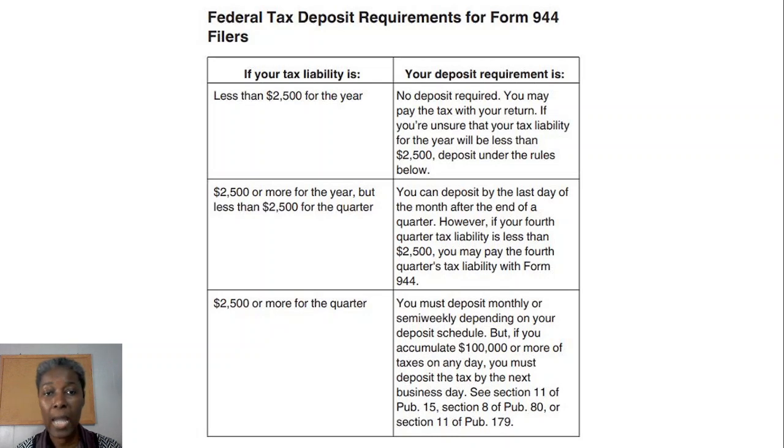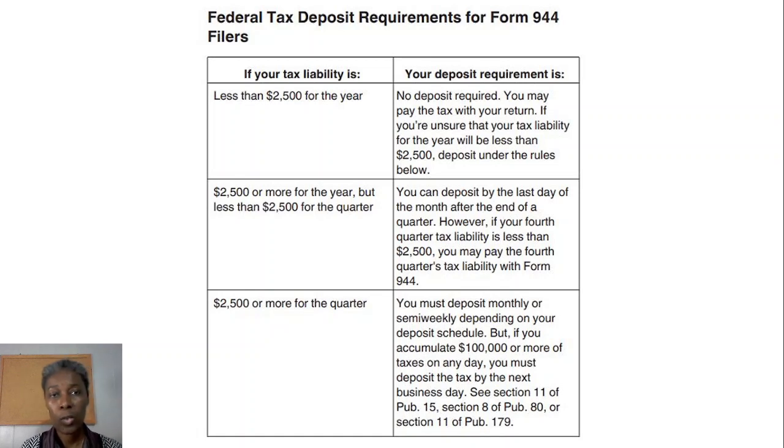You can pay that when you file the return. But if you are unsure, make deposits, and that means you need to make deposits based on the deposit schedule that we just talked about. The monthly deposit schedule or the semi-weekly deposit schedule.